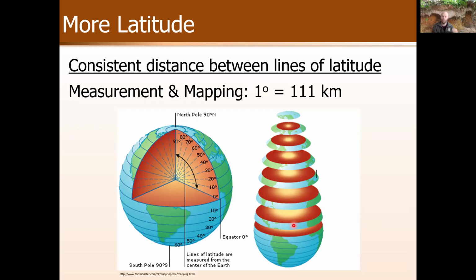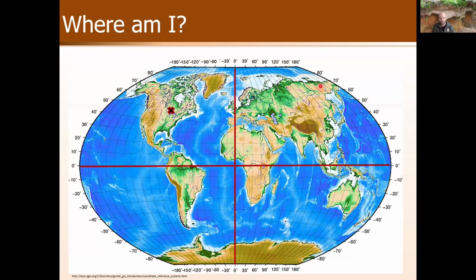And then between 1 degree and 2 degrees, that's also exactly 111 kilometers, and so on and so forth, all the way up to the pole. So between 89 and 90 degrees, that distance on Earth's surface is exactly 111 kilometers. And so there's a consistent distance between every single degree line of latitude.